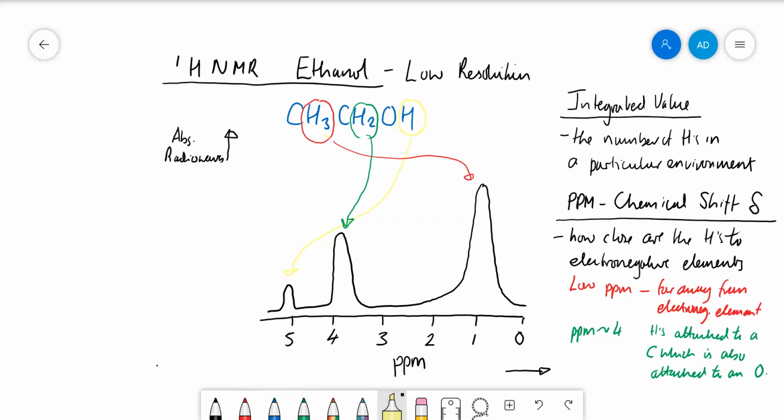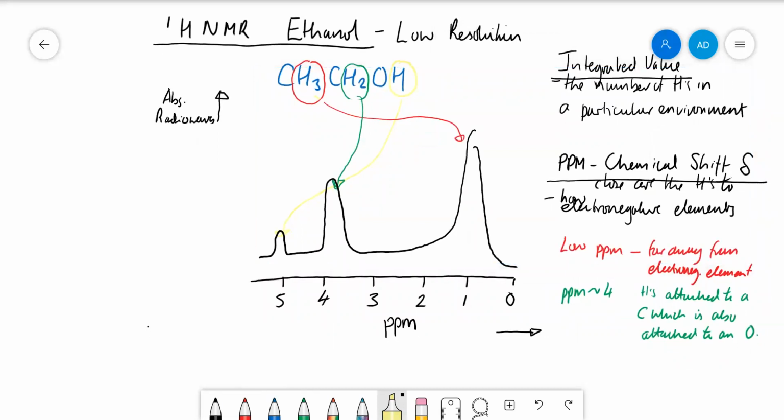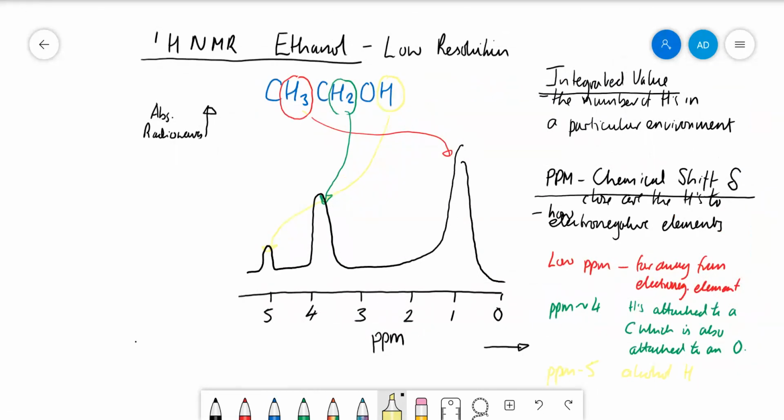And then finally, the yellow peak, the alcohol peak. That's fairly typical of an alcohol hydrogen. So there we have two of the characteristics of each peak: basically its area, its integrated value, and then its ppm, where it is on this scale.